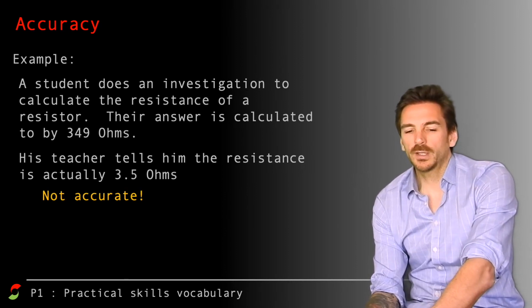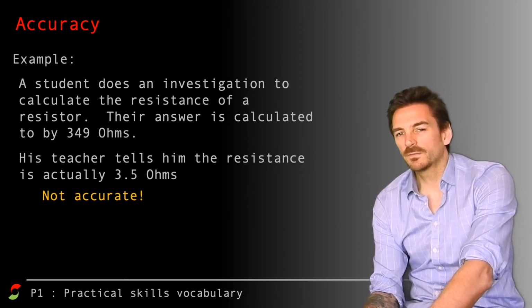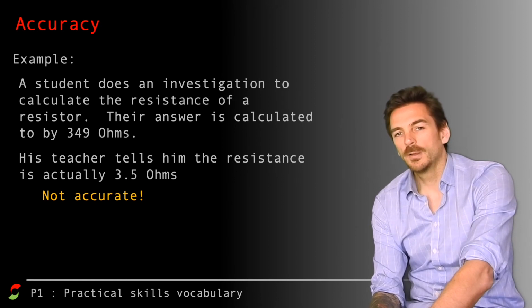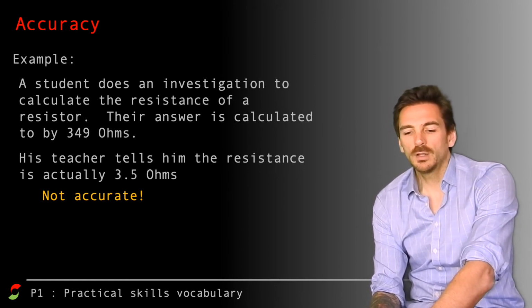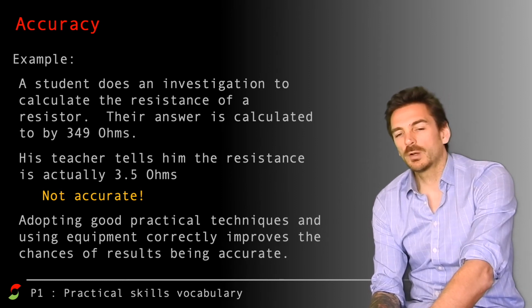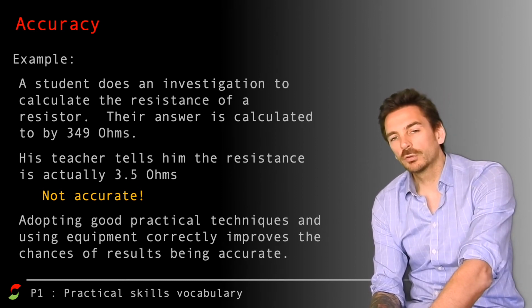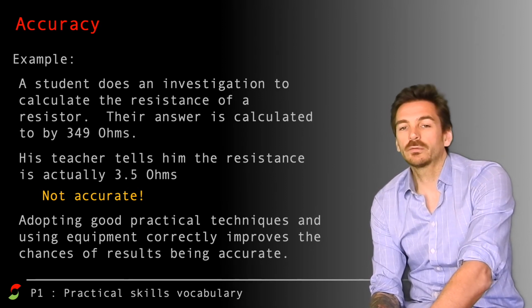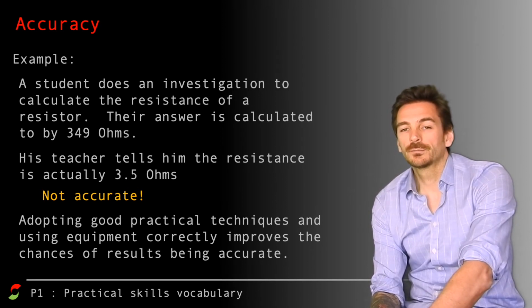The teacher will look at it and say, actually, it looks like you're a factor of 100 out, so there might be something wrong with the calculations, and be able to spot where they've gone wrong. But certainly the answer is not accurate. So what we try to do during a practical is adopt good practical techniques in the hope that our answers are accurate.